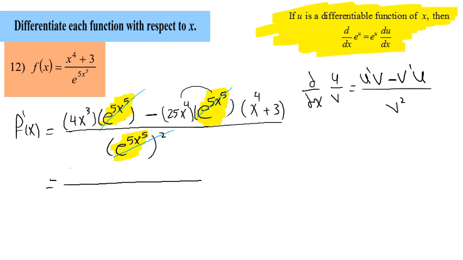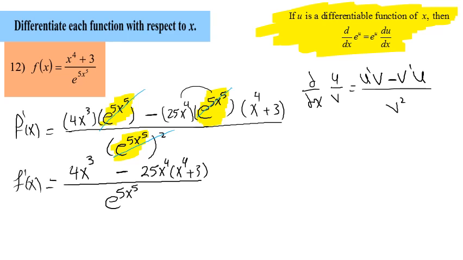So the remainder in the first term is 4x to the power of 3 minus 25x to the power of 4 multiplied by x to the power of 4 plus 3, divided by e to the power of 5x to the power of 5, only to the power of 1.